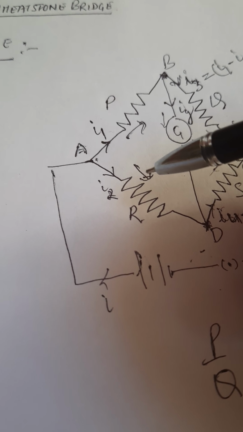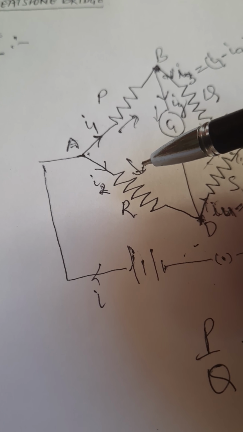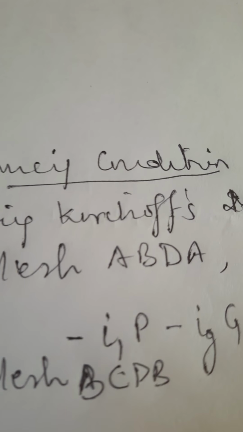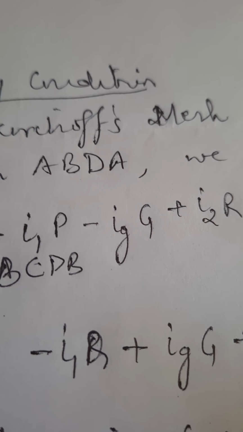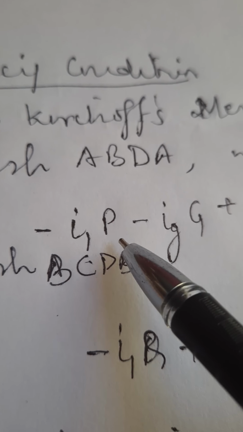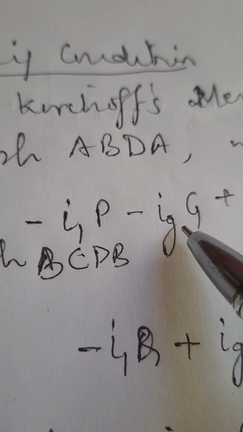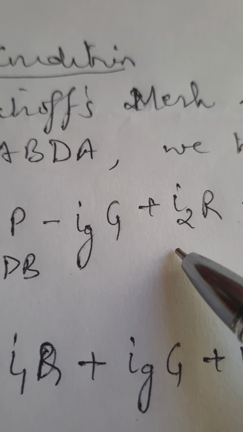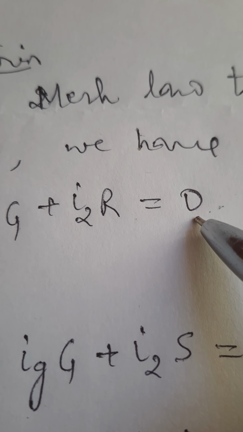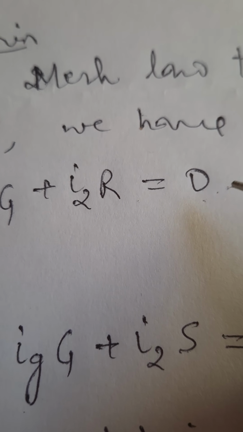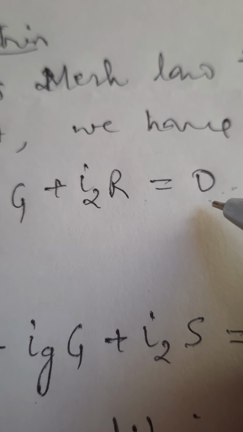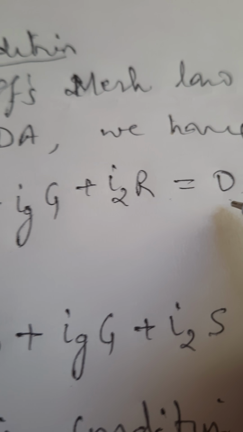So I1 and Ig are taken as negative whereas I2 is taken as positive, and we can write the equation minus I1P minus Ig into G plus I2 into R is equal to 0. Here I have taken 0 because there is no source of EMF, the potential difference or the EMF is 0.